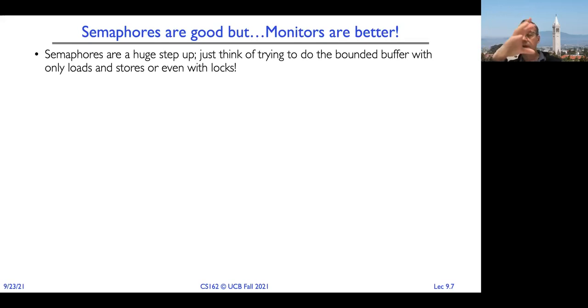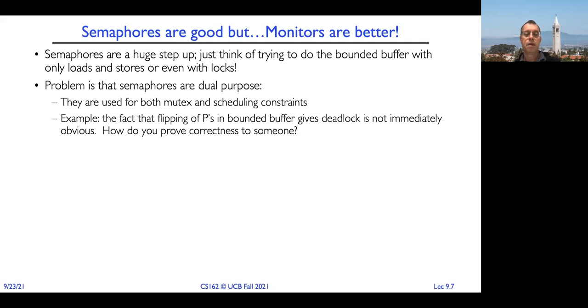So that provides you a little bit more power, and therefore it also gives you more functionality. With a semaphore you can implement critical sections and mutual exclusion, but you can also implement scheduling constraints, basically signaling a process from another process, or a thread from another thread.